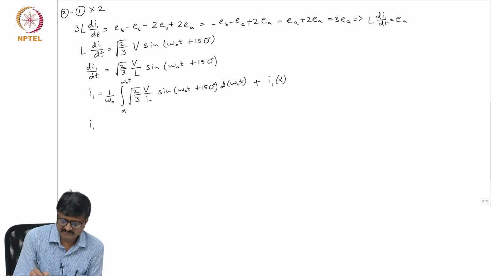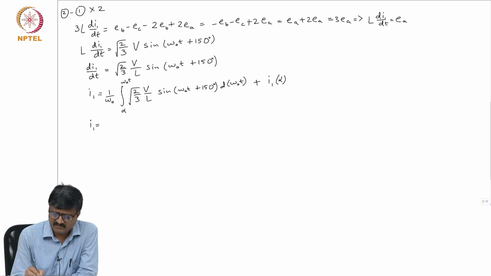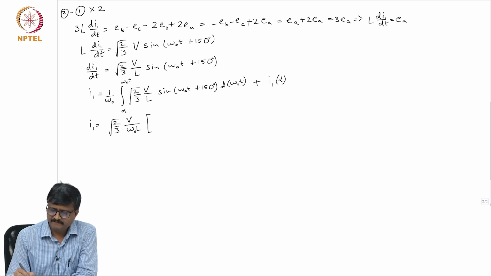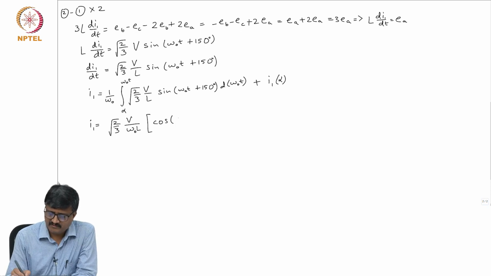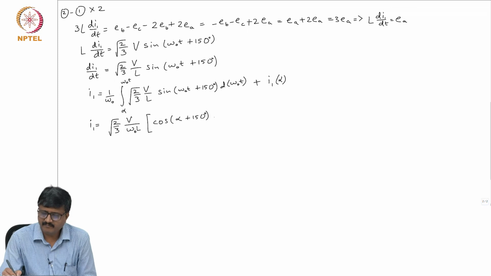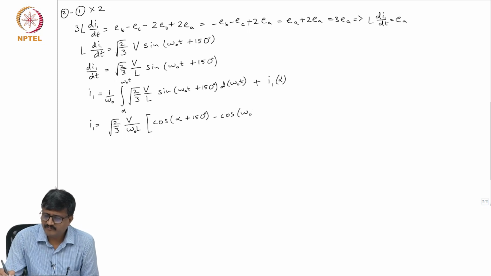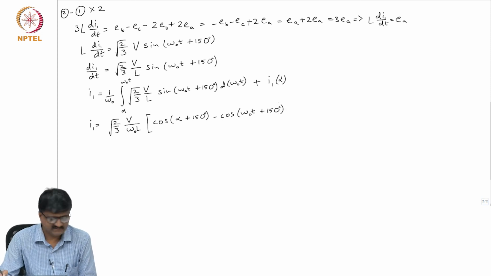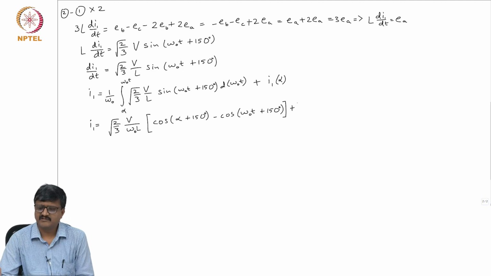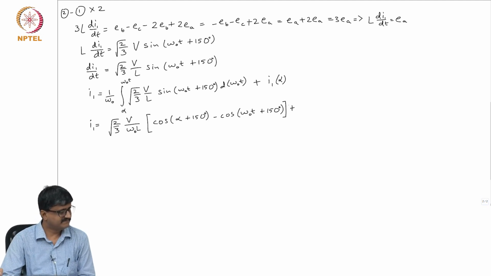So this gives I1 is equal to root 2 by 3 V by omega o L into, integral of sine is minus cos, so I get cos(alpha plus 150 degrees) minus cos(omega o t plus 150 degrees), plus, what is I1 at alpha? I_D.